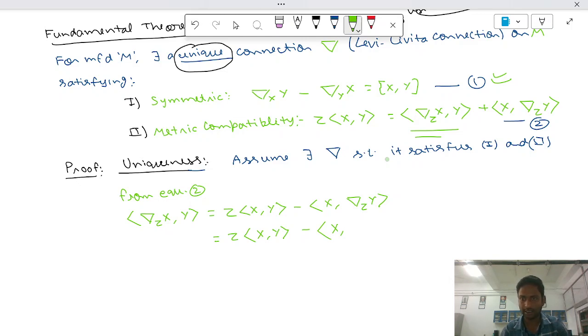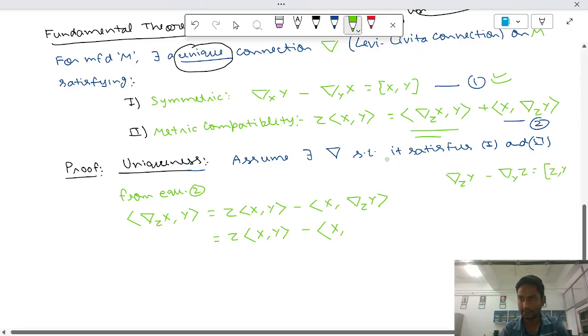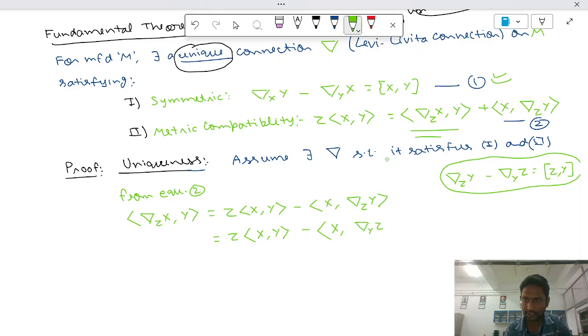The symmetric condition, if you rewrite it, is nabla z y minus nabla y z equals the Lie bracket of z comma y. So from here, you can get this will be nabla y z plus the Lie bracket of z comma y.